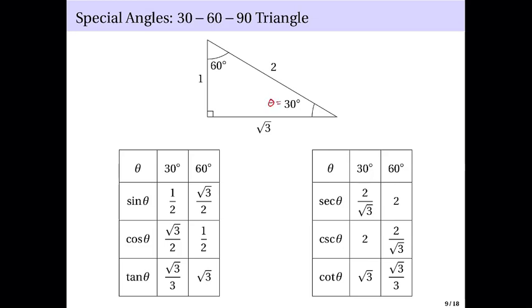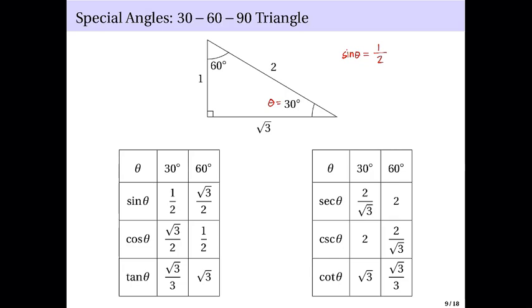Our sine theta has this as the opposite, which is 1, over the hypotenuse, which is 2. So sine 30 degrees is 1/2.